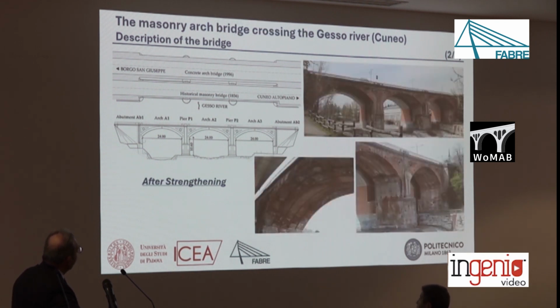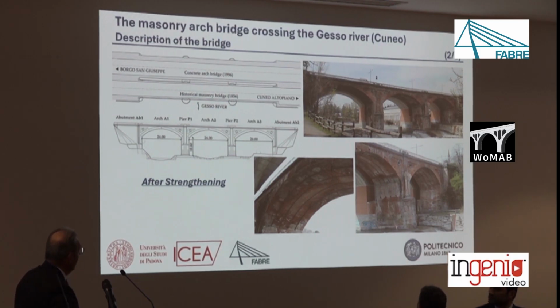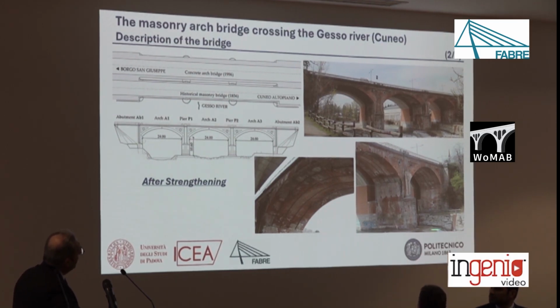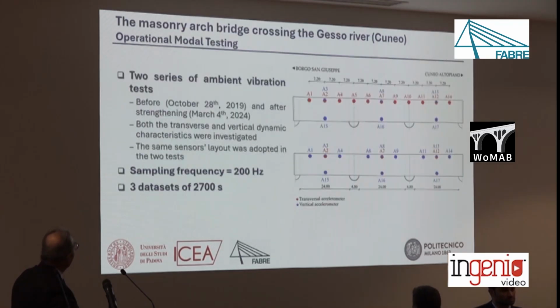The bridge afterwards was retrofitted, and you can see, for example, some elements of the retrofitting, some steel bars in the intrados of the arch that were post-tensioned, and afterwards this part of the structure was injected, and there are some other limited interventions.